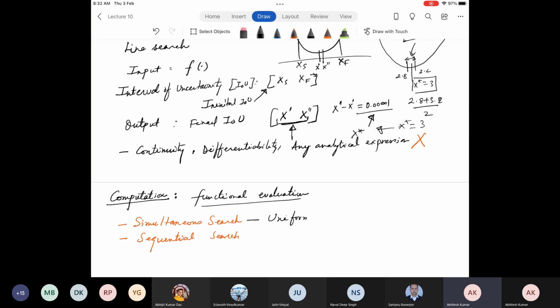I will briefly discuss it. And then I will discuss dichotomous, which is also known as binary search, the golden section search, and the third one, Fibonacci.